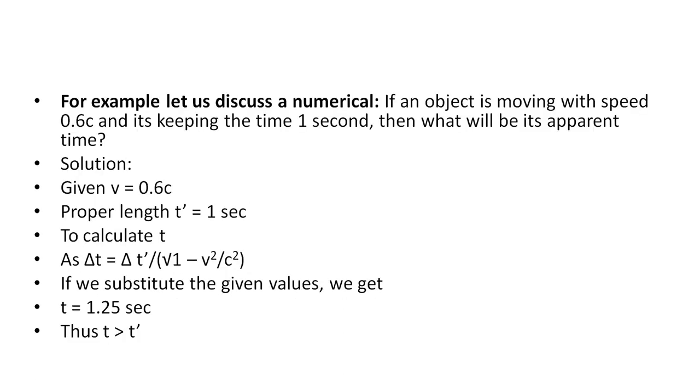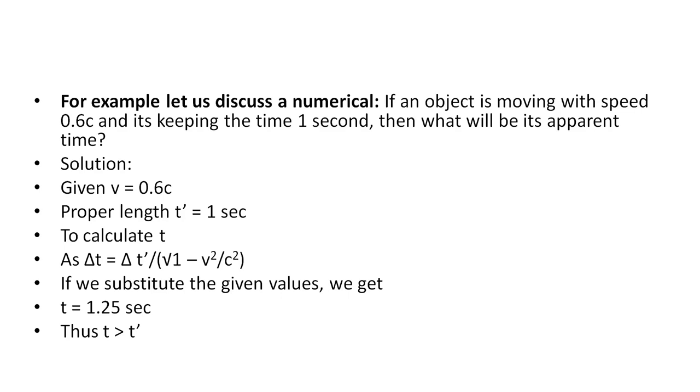For example, let us discuss a numerical. If an object is moving with a speed 0.6 c, where c is the speed of light, and it is keeping the time 1 second, then what will be its apparent time? So here velocity is 0.6 c, and the proper time is t dash equals 1 second.